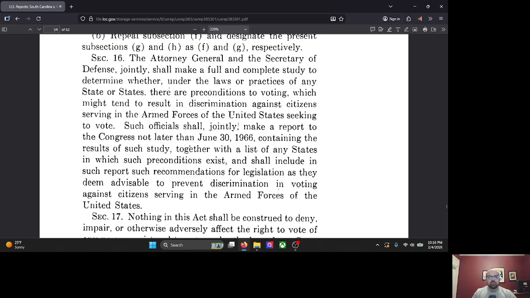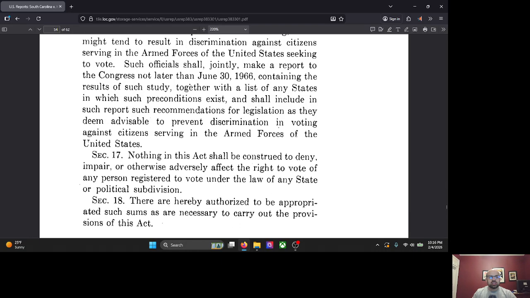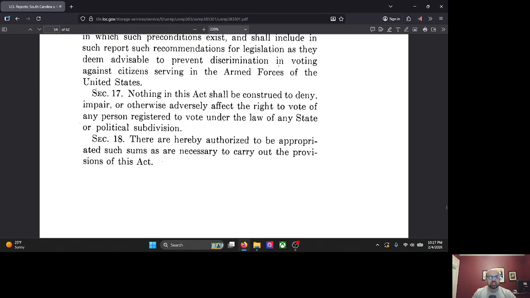Such officials shall jointly make a report to the Congress not later than June 30th, 1966, containing the results of such study, together with a list of any states in which such preconditions exist, and shall include in such report such recommendations for legislation as they deem advisable to prevent discrimination in voting against citizens serving in the armed forces of the United States. Section 17.